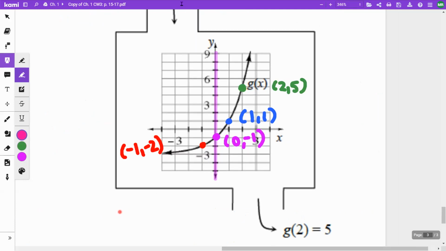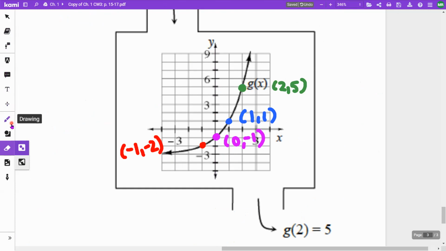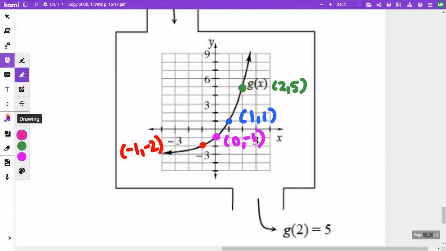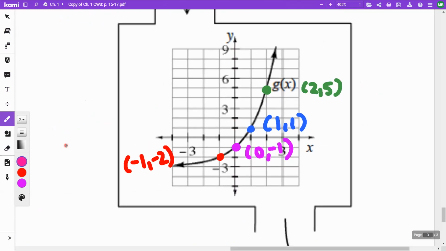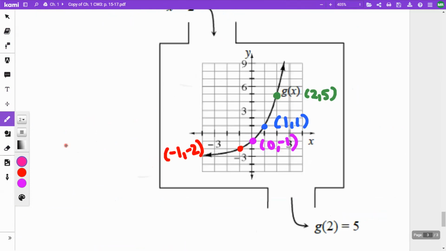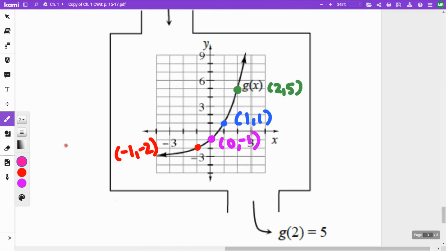So what's going to happen is, instead of having this vertical line checking my x's, I'm going to have a horizontal line. So let's have a horizontal line. And we're looking at -2.5.